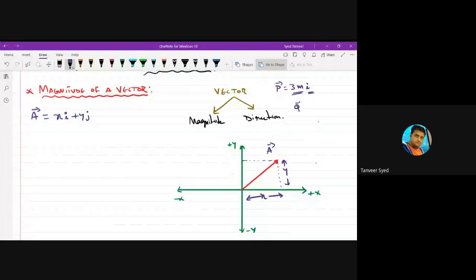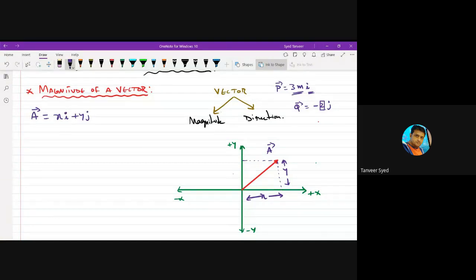Vector q is equal to minus 2j. The magnitude is 2, not minus 2. Magnitude cannot be negative. The magnitude is 2 and the direction is along the negative y-axis, minus j. So that is what we mean by magnitude and direction.